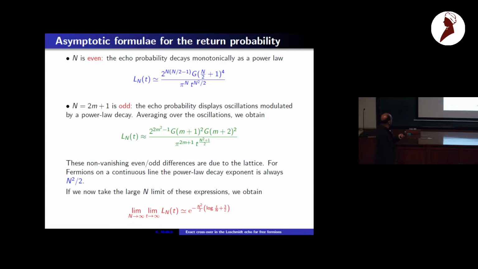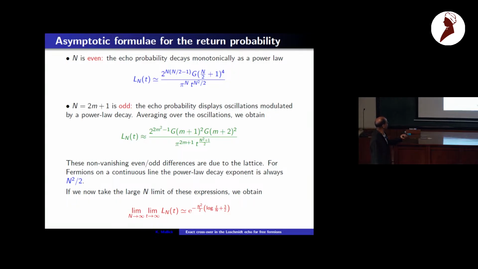Now, we first took the large time limit with finite n, and now if we take the large n limit, so the limit of the Loschmidt echo taking first the large time limit and then the large n limit, we see that it's essentially, as I told you, t to the power minus n squared, but you have to do some analysis of the factorials here by using Stirling formula, and you end up with a behavior which is exponential minus n squared over 2 log of t over n.